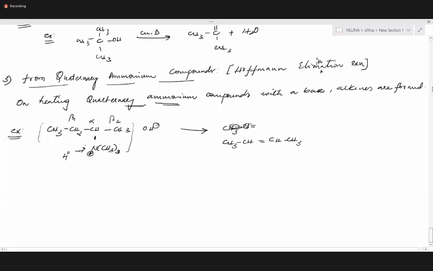Now, if the elimination happens from beta 2, we expect the product as CH3 CH2 C(CH3) double bond CH2. Right? So what is the most substituted alkene? This one is the most substituted alkene. This should be our product according to the Saytzeff rule. But in reality, for these quaternary ammonium compounds, this will be the major product, and this will be the minor product.